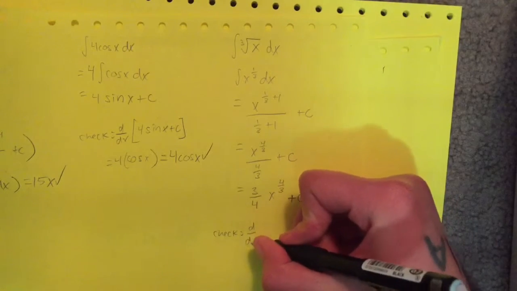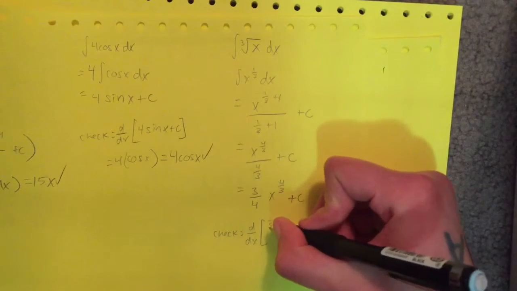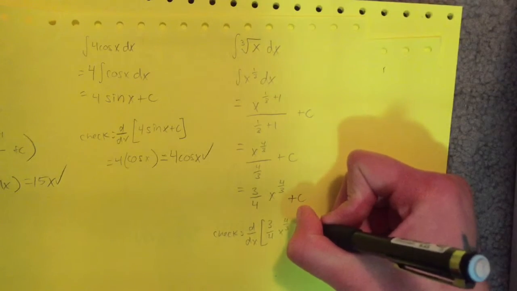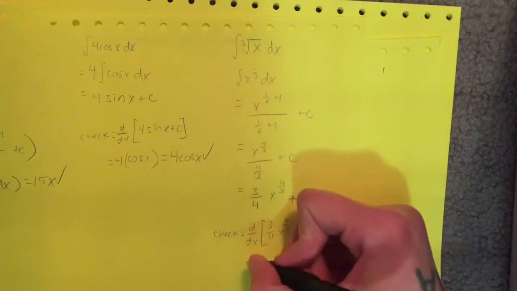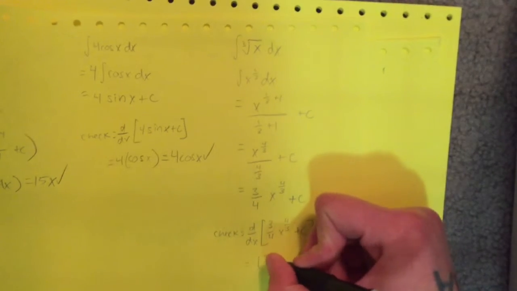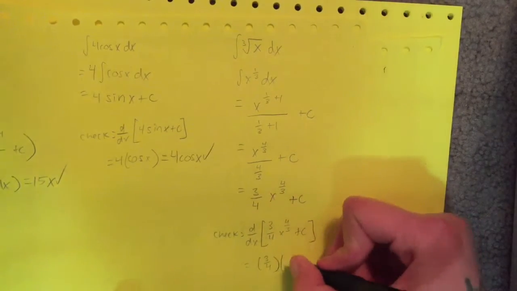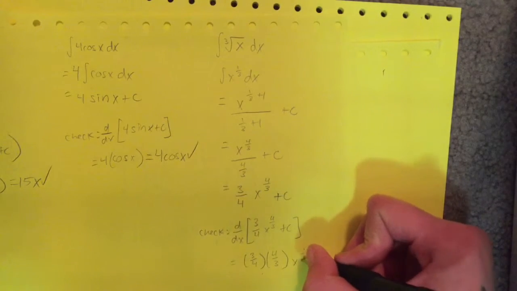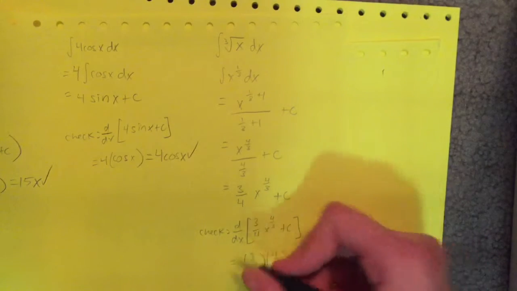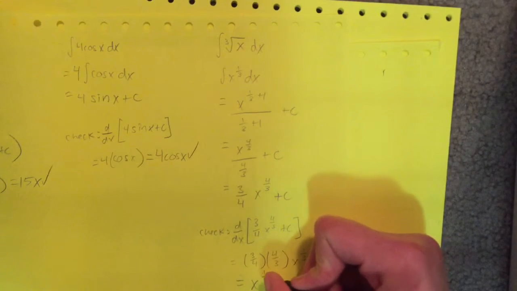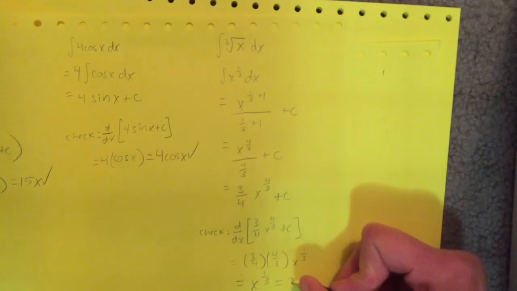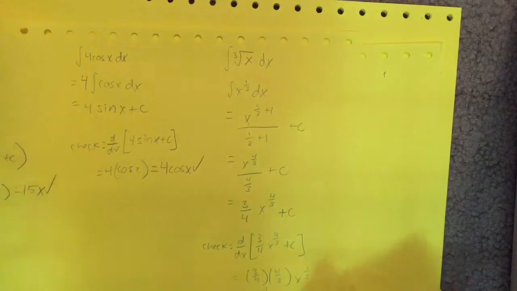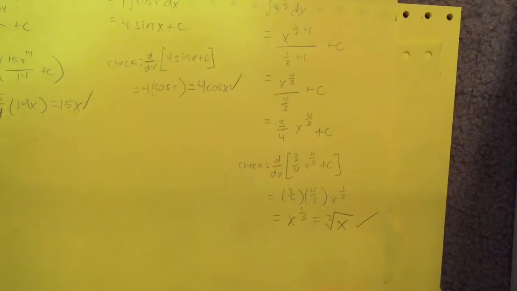So d over dx of 3/4 x to the 4/3 plus c is equal to 3/4 times 4/3 x to the 1/3, and those cancel, and you're just left with x to the 1/3, or the cube root of x. And we've checked our work.